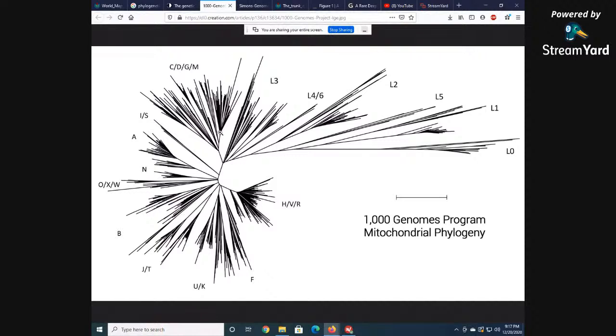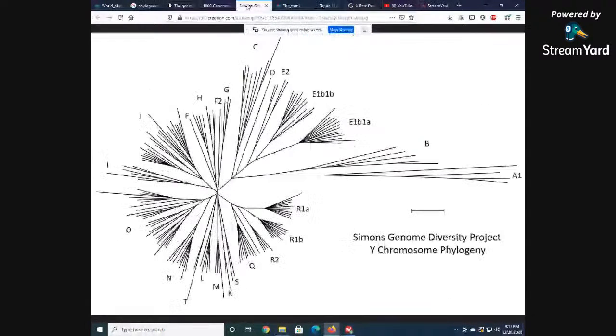There's still different separate family trees because there's a space between this tree and this tree, and there's a space between this tree and this tree. So they're completely different trees. Three different trees, mitochondrial DNA, same thing as the Y chromosome.